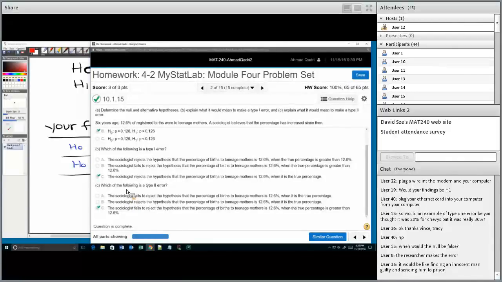Conrad has a very good example there. Actually, Conrad or anyone else, towards the end of the session, if you can remind me, I'm going to share a link with you that is exactly the example that Conrad has given, which actually happened. I think it was in the 1980s. There was a very popular trial in which a type 1 error was made.